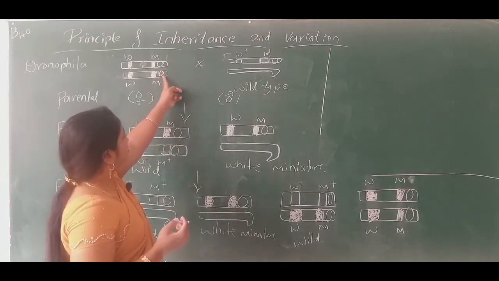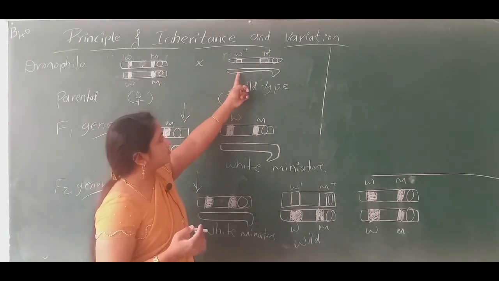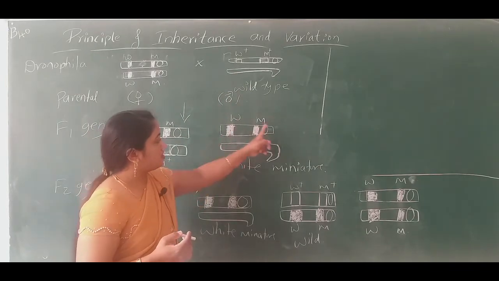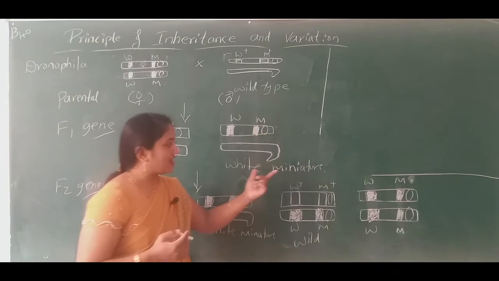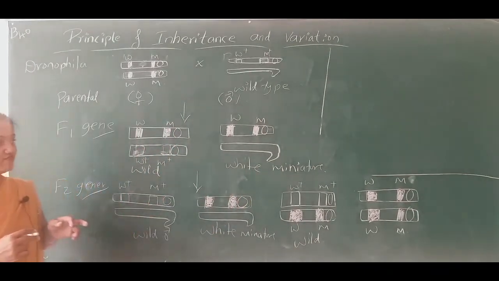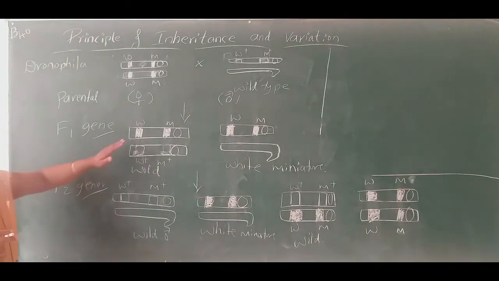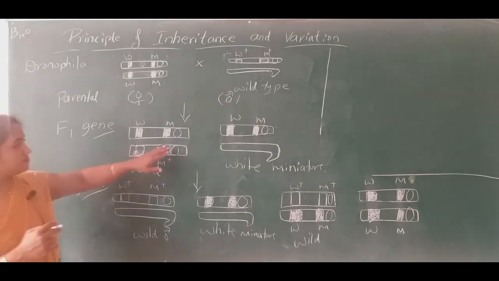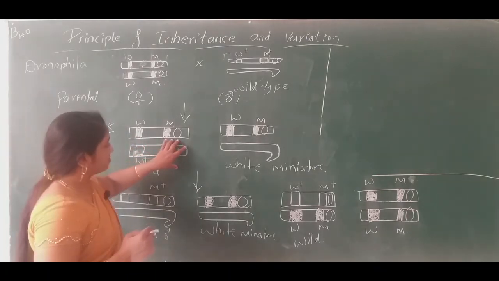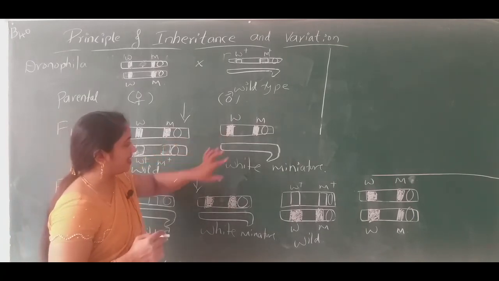But here this X chromosome goes with the Y chromosome, so the male became white-eyed with a miniature wing. In the F2 generation, we intercross these two Drosophilas, this female with the male.